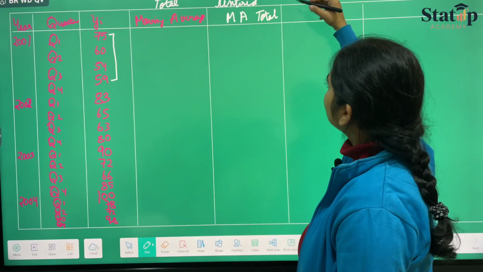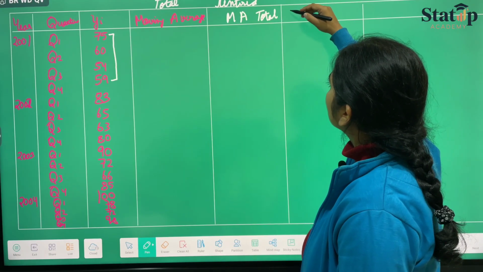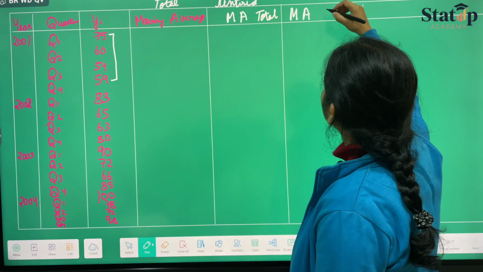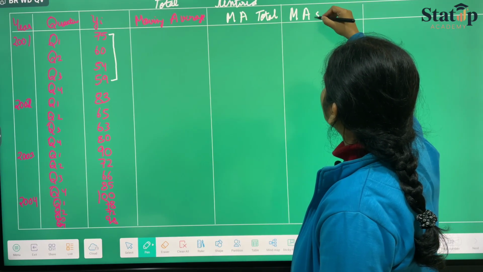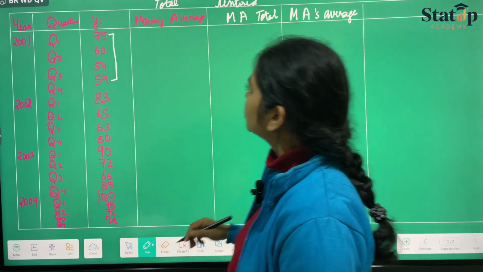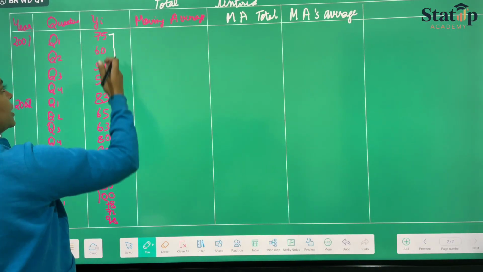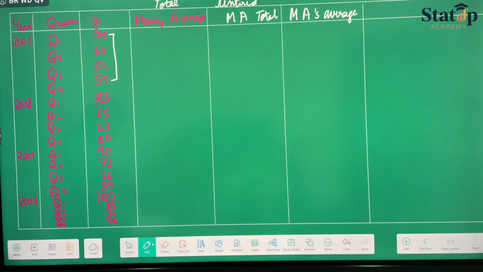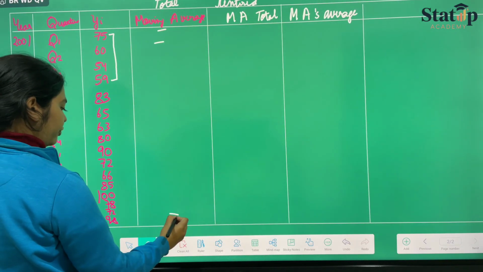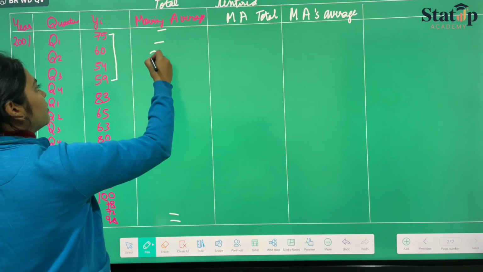Then moving average. So the average of these four values would be 248. We'll skip 2 from above and 2 from below. And from here we'll start writing.